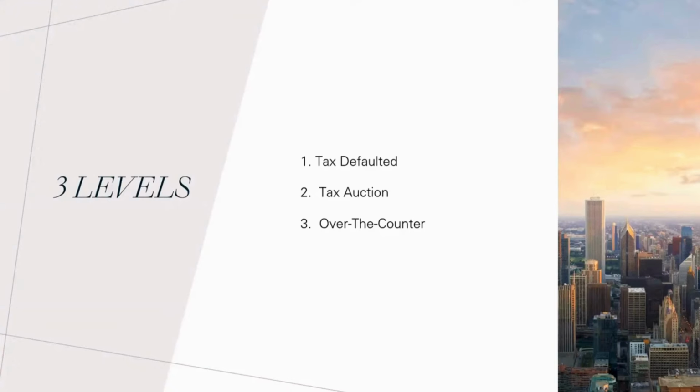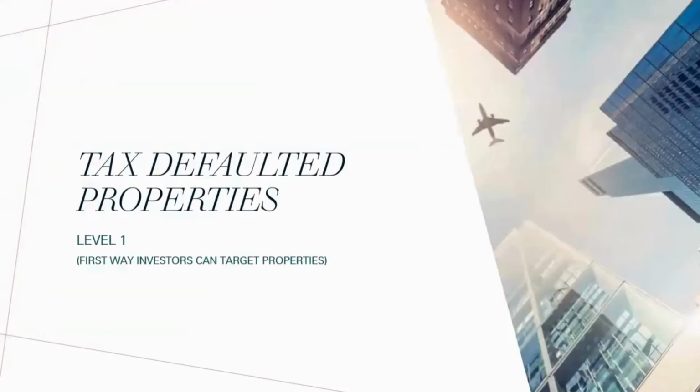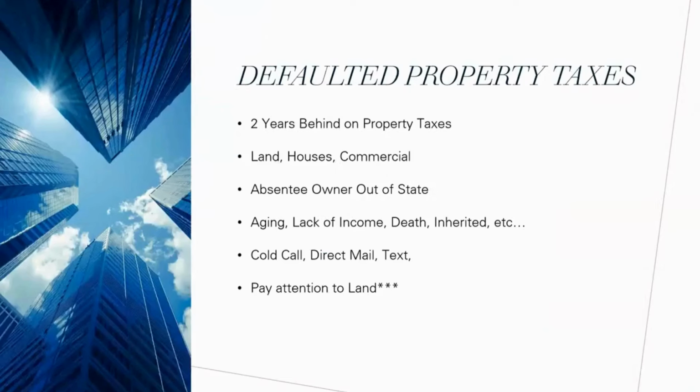They revert back to the county, and they acquire the status OTC or over the counter, essentially meaning that you can buy these properties now directly from the county. Okay. So, number one, tax defaulted properties. The first way investors can get involved in real estate investing. Now, let me break these down.